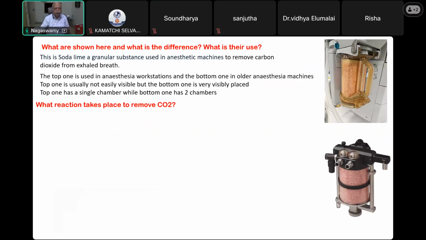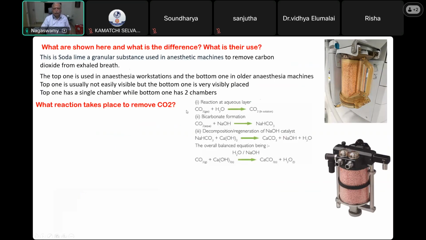So actually it should be called calcio lime, not soda lime. So the reactions are in three steps. Reaction at the aqueous layer, where carbon dioxide, as there is always some water vapor inside, will mix with the water to form unstable carbonic acid.